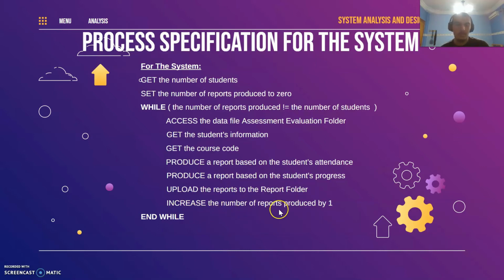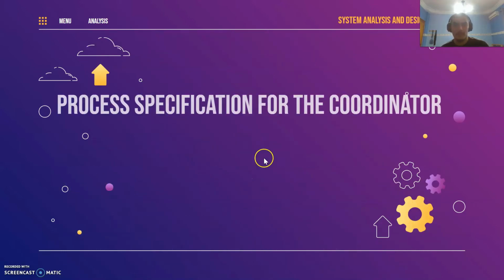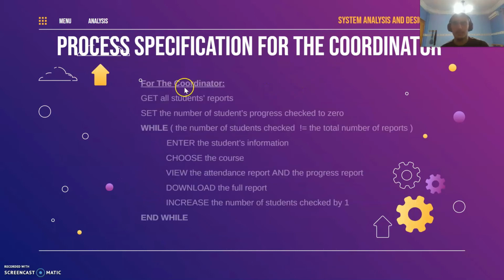Then we increase the number of reports produced by 1. So this loop will keep on looping until the number of students equals the number of reports produced, which will be incremented by 1 every loop.